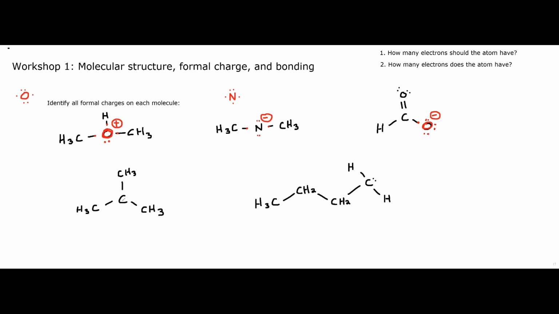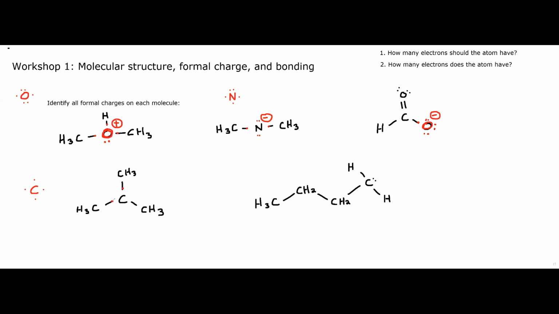Looking now at the bottom left structure, we see we have 3 methyl groups all connected to this central carbon, but this central carbon looks a little strange. It only has 3 bonds. So what's going on here? Well, remember, carbon should have 4 bonds because it has 4 valence electrons, 1, 2, 3, 4.